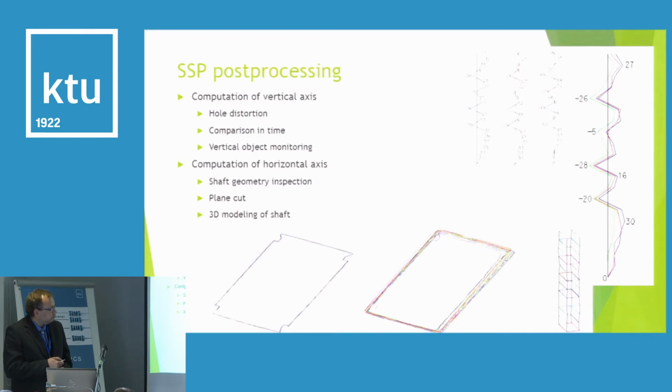So from the captured data, we measure generally the hole distortion, can compute the geometry on each plane and finally make 3D models, which is on the next slide. And what is very, very interesting for us is the changes and conversion over time.